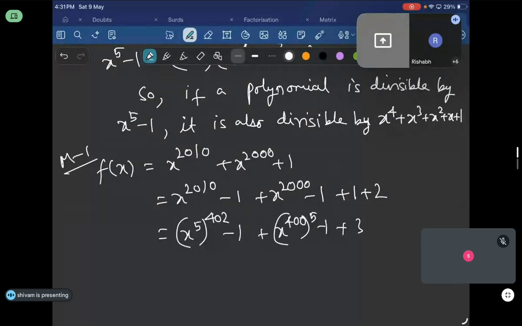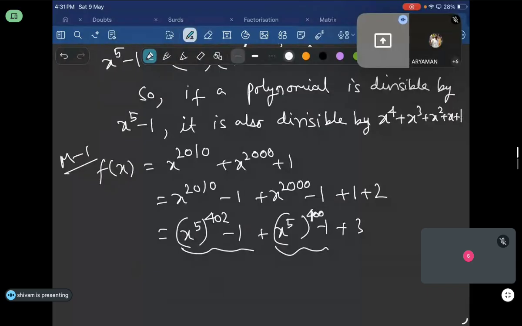Can I write like this? Now are they divisible by x to the power 5 minus 1? Yes, sir. Now is it clear? Okay. Tell me, Aryaman, is it clear? And you, Shirup, have you understood? Yes, sir, understood. Okay.